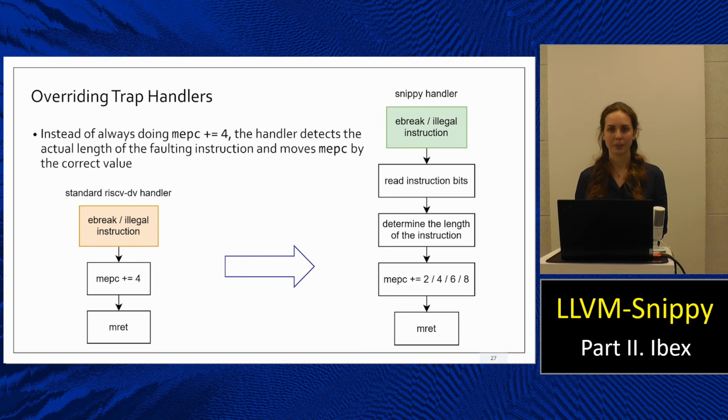Now they determine the actual length of the trapped instruction and advance MEPC by the correct value: 2, 4, 6 or 8 bytes. This is a small but important detail. Without it, some tests could not be properly run in the Ibex flow.